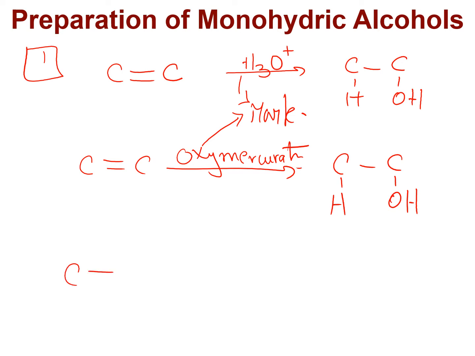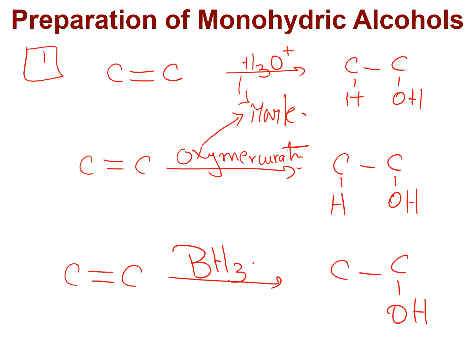Or you can hydroborate them. You can use the hydroboration to end up with an anti-Markovnikov method. For example, if you have this compound, you will get the OH at the terminal carbon, which has more hydrogens. So this is how you can prepare alcohols from alkenes.